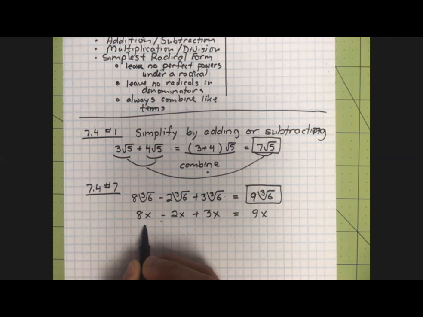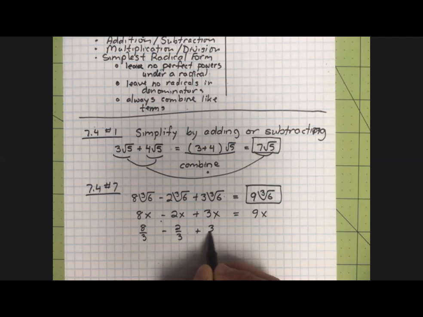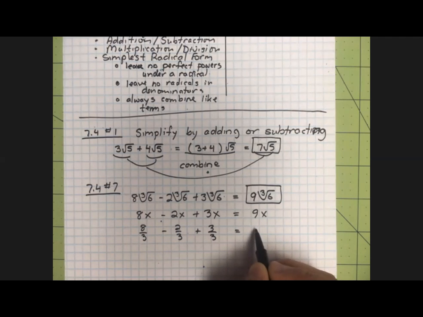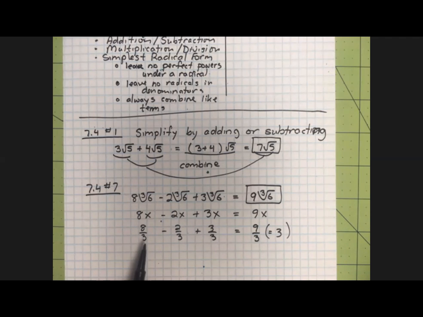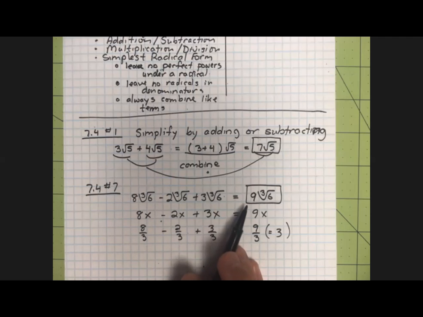Or think about it like this. If I said 8/3 minus 2/3 plus 3/3, well, then you're allowed to say 9/3. 9/3 is 3. But think of the thirds or the x or the cube root of 6 as an animal. I've got 8 of these animals, took away 2 of those animals, added 3 more of those animals. What do I got total? I got 9 of those animals.